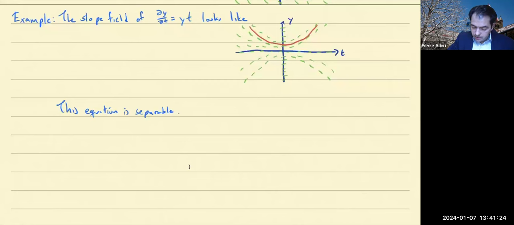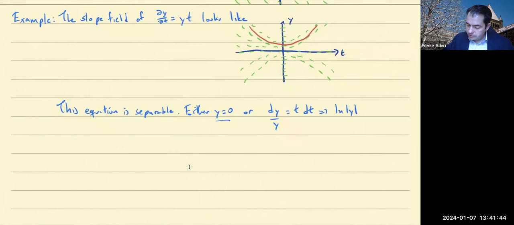Let's see, we'd say either y is equal to 0 or dy over y is equal to t dt, right? Okay, so we have this solution. Let's consider the remaining case. We integrate both sides. On the left-hand side, I would get natural log of absolute value of y. On the right-hand side, I would get 1/2 t squared plus a constant. Let's call this constant a.